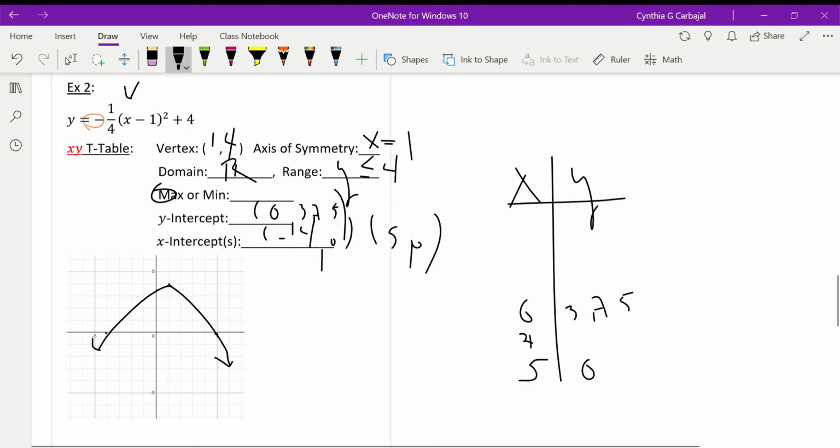So 2 would give me a 3. And I think if I plug in a negative 2, it would also give me, anyways guys, sorry. You can always do it by hand or use a graphing calculator. And I think that's all the examples I have.